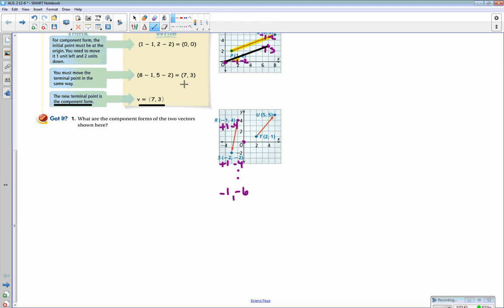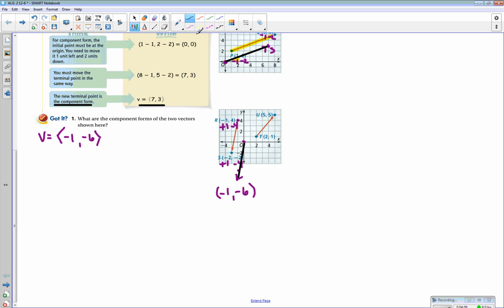So really my new line is going to be right here at -1, -6. Boop, boop. So in component form, he gets to be -1, -6.